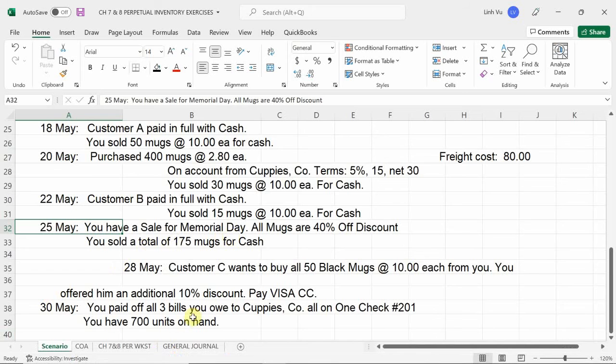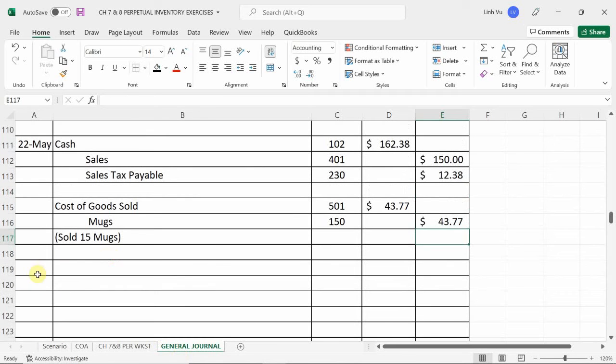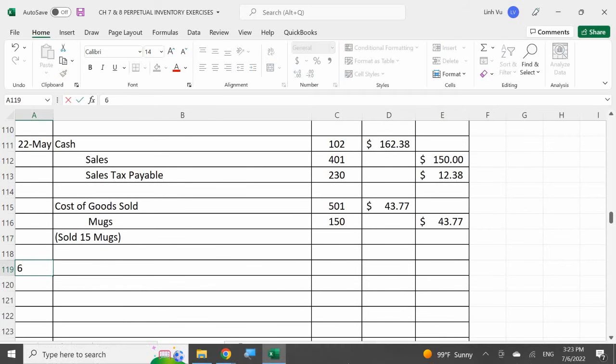Okay. So how am I going to journalize this time? For debit, we have cash and sales discount, and for credit, we have sales and sales tax payable. Why is this one different than the one that we just calculated above?